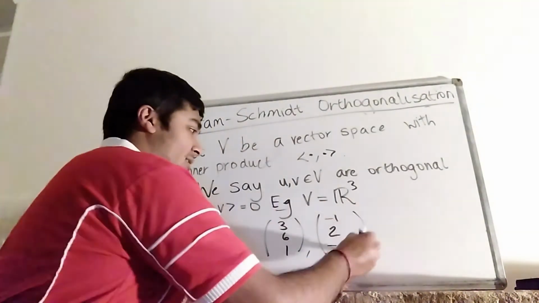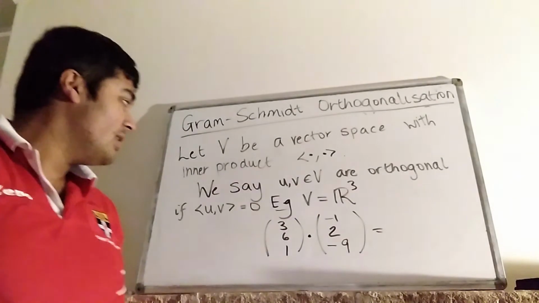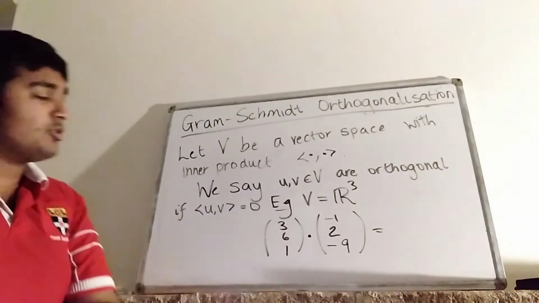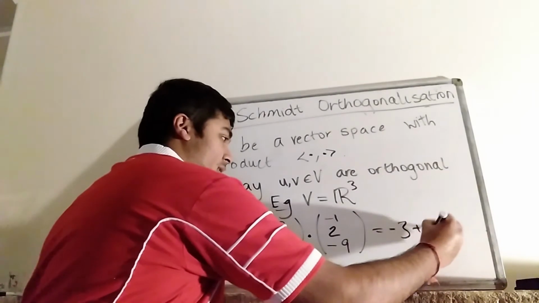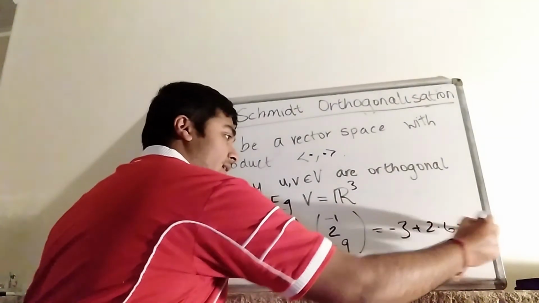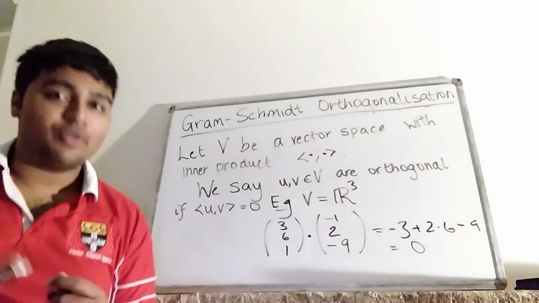The reason for that is when you do the dot product of these two things, if our inner product was the dot product, this would be -3 + 2 times 6 - 9, which is 0. So these two vectors here would be orthogonal.